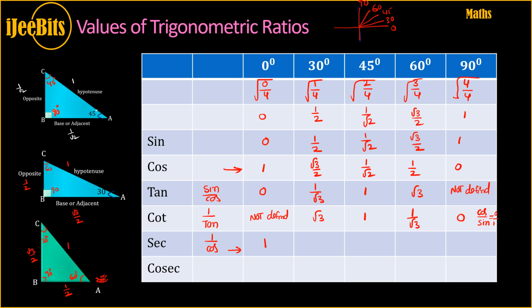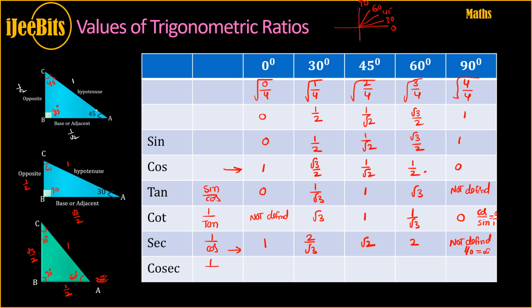Root 3 by 2 means 2 by root 3. 1 by root 2 means root 2. 1 by 2 gives 2. And 0: 1 by 0 means again not defined. Let's not confuse: not defined is like 1 by 0, which is infinity. That's why it is not defined.